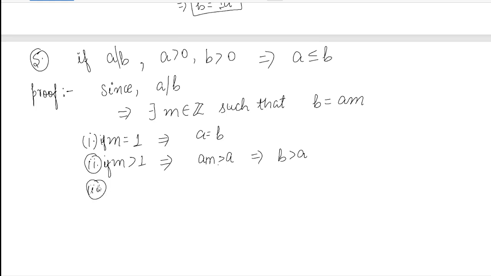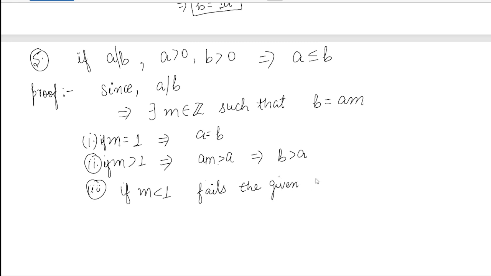Third, if M is less than 1, then the given conditions fail, because if M is less than 1, then either A is negative or B is negative. So this fails the given condition.